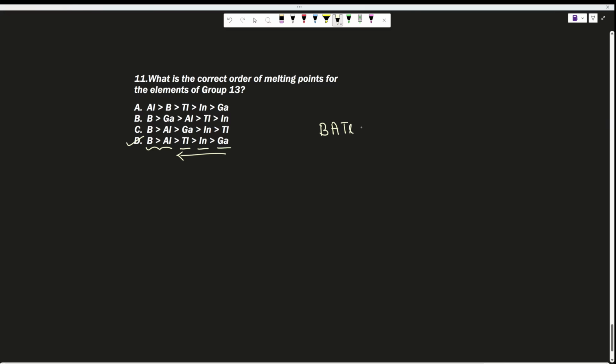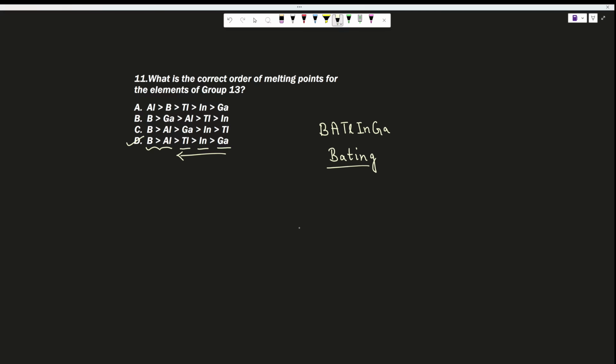I'll just write like this. Then indium you have gallium. So you can remember it as batting. Batting is the trick. So B-A then T-I-G. Just remember it this way for melting point order of 13th group.